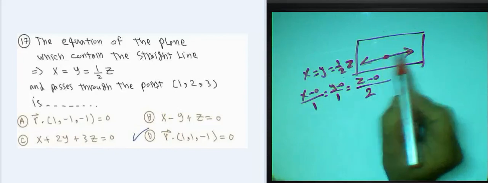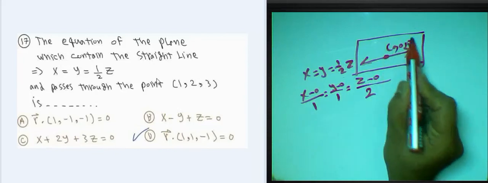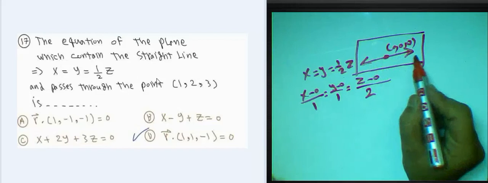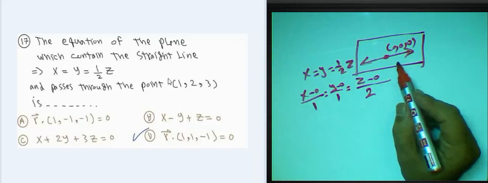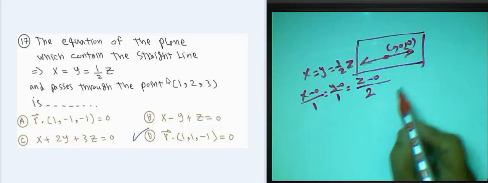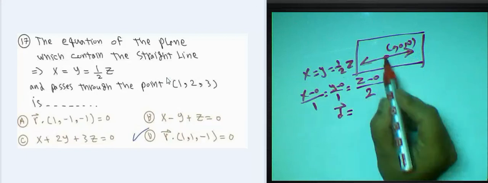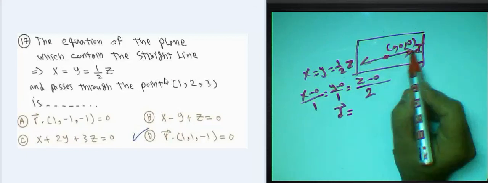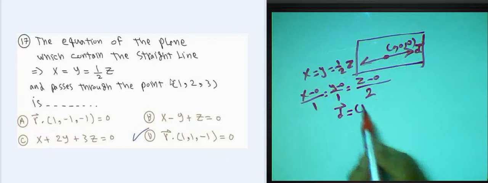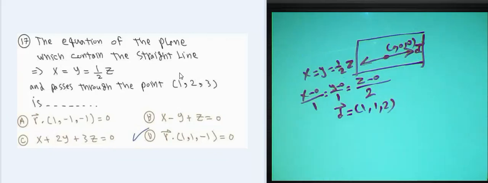Then this straight line passes through the point (0, 0, 0), and the vector here, we call it d or r as you like, will be vector d about this straight line. It will be (1, 1, 2).